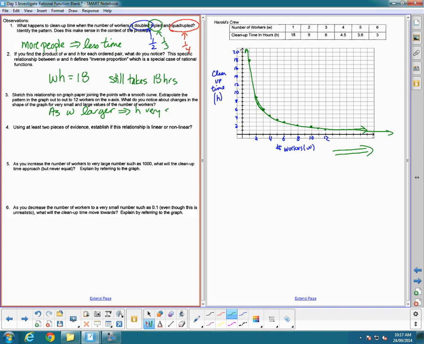Very small. Which makes sense. And vice versa, as W is smaller, so the fewer people you have, then H is very large. Like only one person, it's going to take 18 hours to clean.